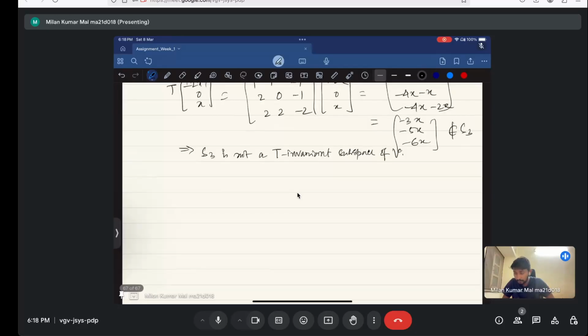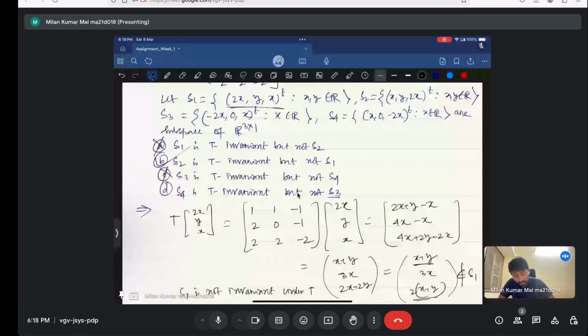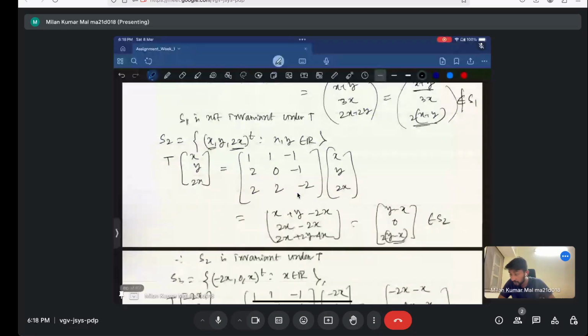S4 is given this way: x comma 0 comma minus 2x whole transpose, such that x is coming from R. Then T of x 0 minus 2x equals the matrix 1 1 minus 1, 2 0 minus 1, 2 2 minus 2, along with x 0 minus 2x.